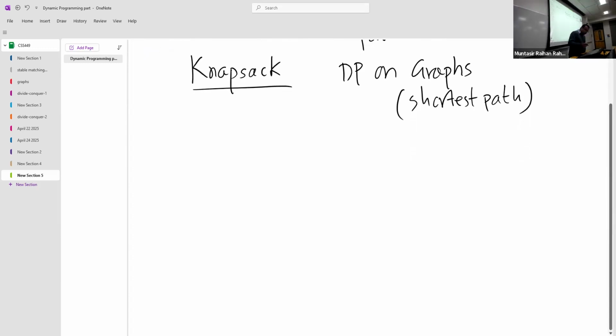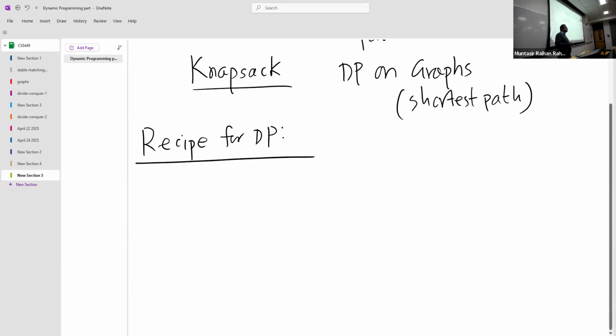So what was the recipe for DP? Do you remember? What are the steps? It's the same recipe for all the problems. You have to break it down into subproblems. Before subproblems, what do you do? What type of problems do you solve with DP? You need to find the recurrence. The recurrence relation, right?